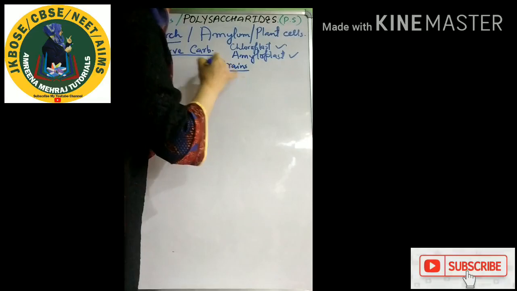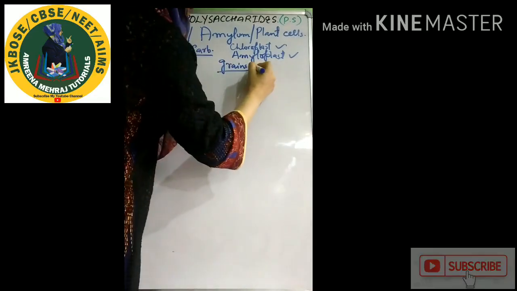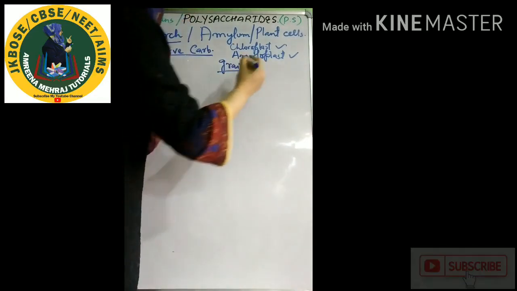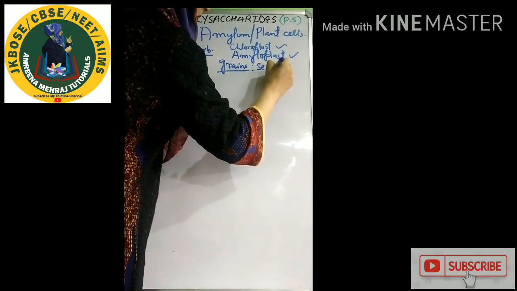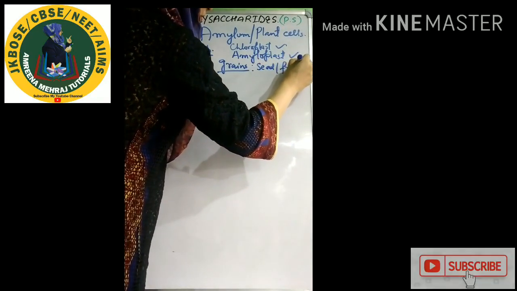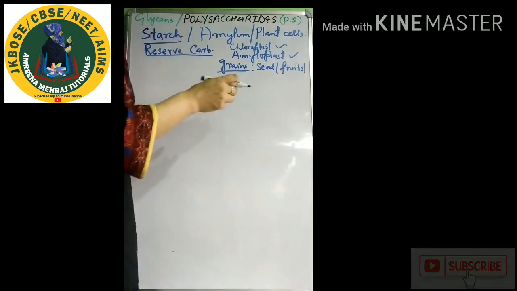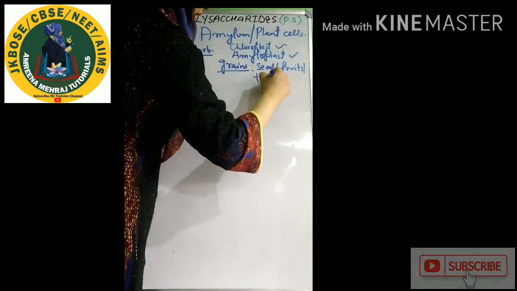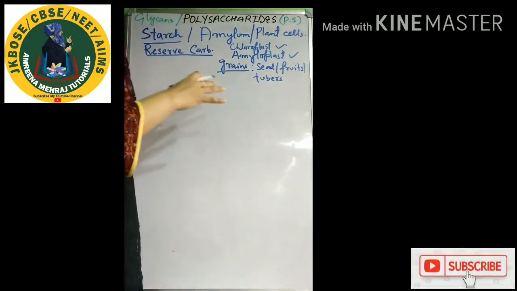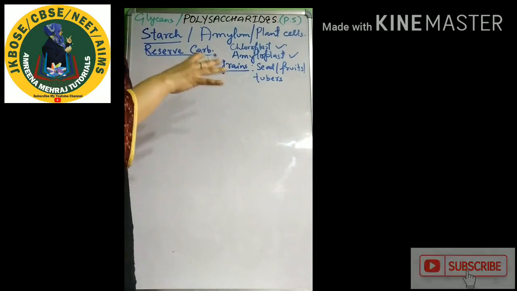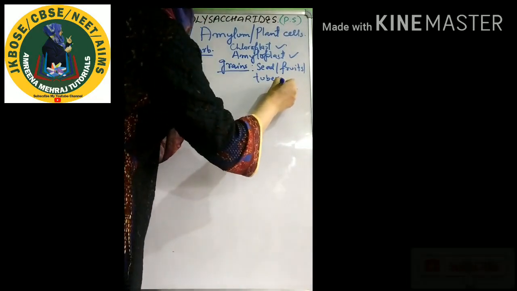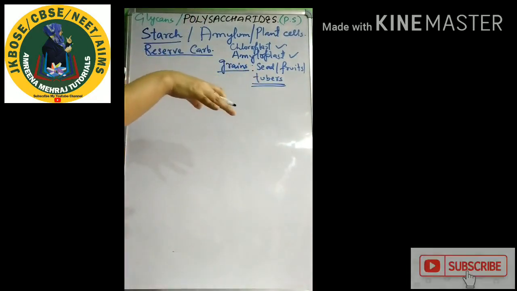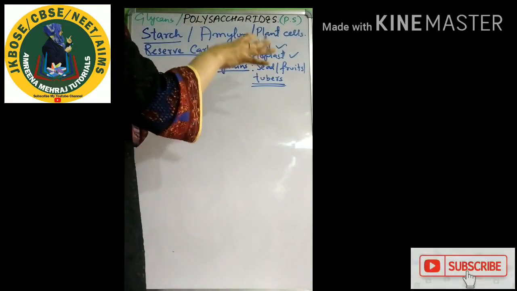We call them starch grains. These starch grains can be present in the seeds of a plant, in fruits, or in tubers, which are a modified kind of stem of the plant. So these are some examples where you will find starch present as a reservoir form of carbohydrate.